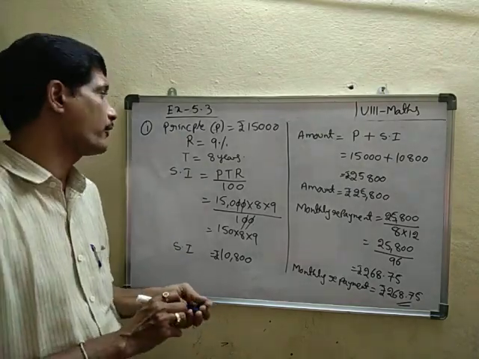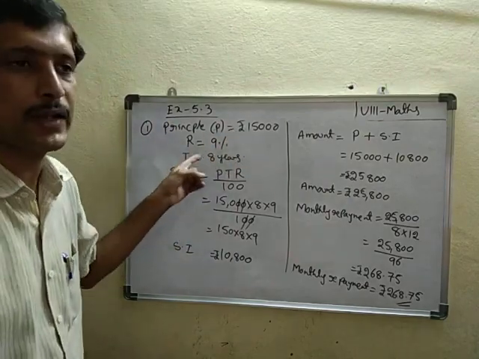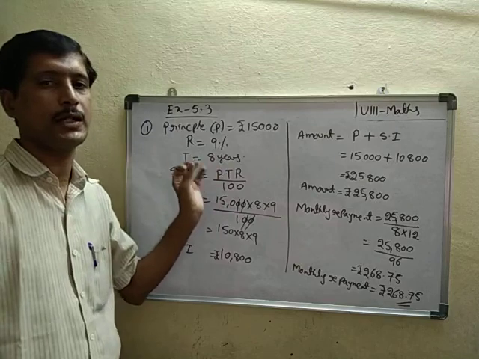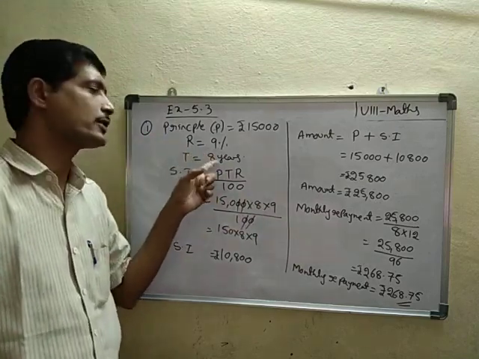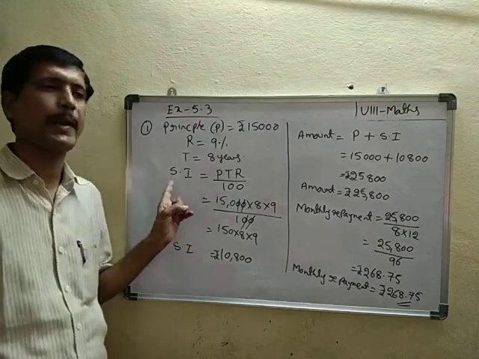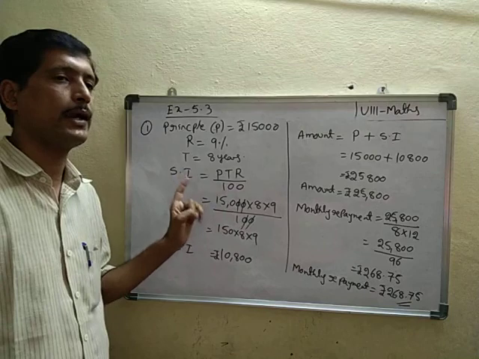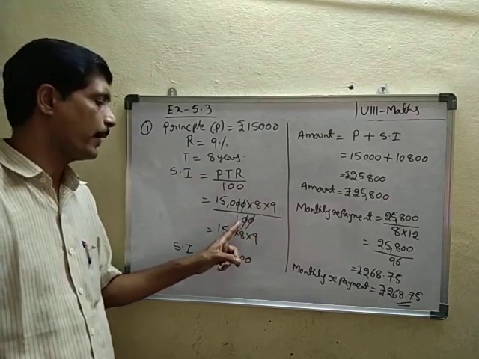Here one more time, see all of you. Principal is given, that is 15,000 rupees, and rate of interest per annum is 9%. Next, number of years is 8 years. First find out the simple interest. Simple interest SI equals PTR by 100: 15,000 into 8 into 9 by 100.